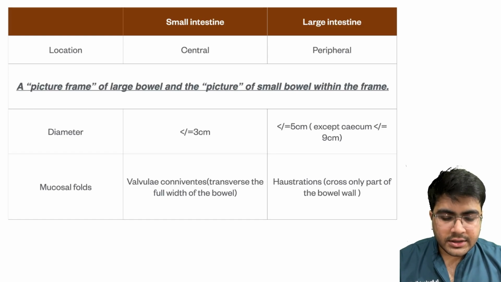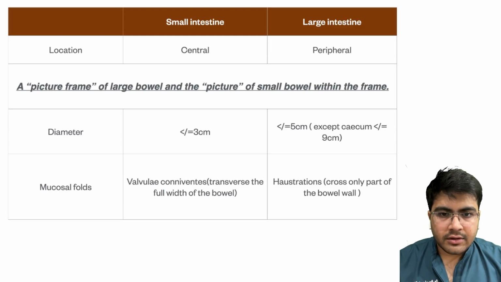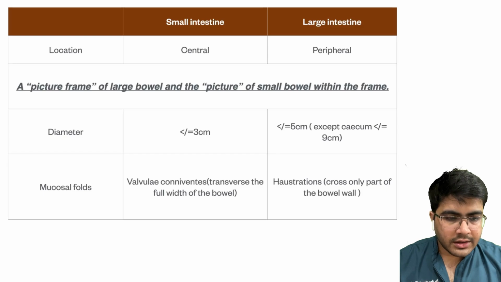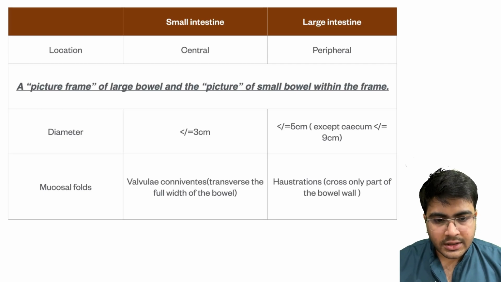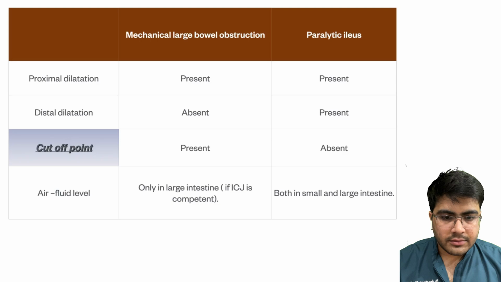The small intestine has mucosal folds known as valvulae conniventes, which traverse the full width of the bowel, while the mucosal folds in the large intestine are known as haustra, and they cross only part of the bowel wall. So this is a very differentiating feature while you assess an X-ray, in which you are not able to assess whether it's a small bowel or large bowel.